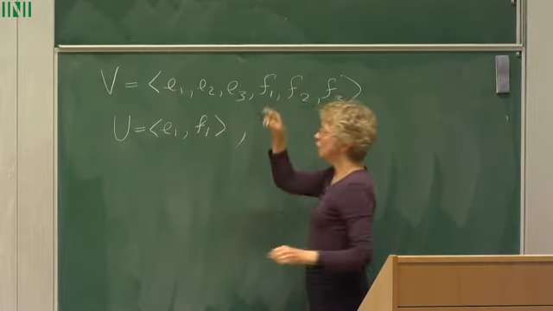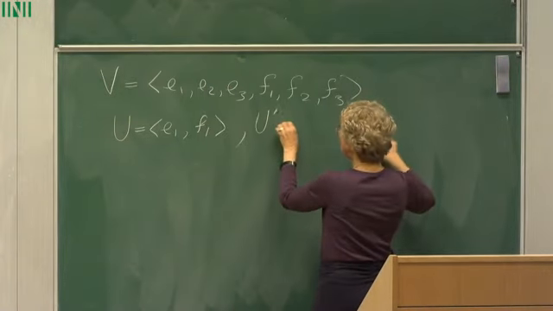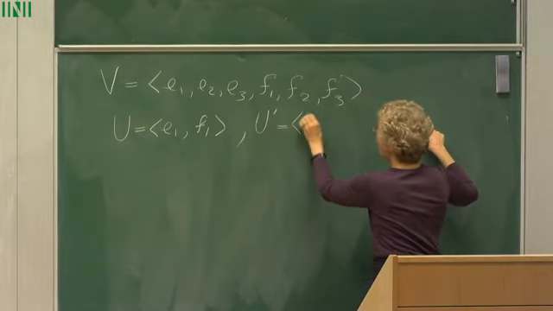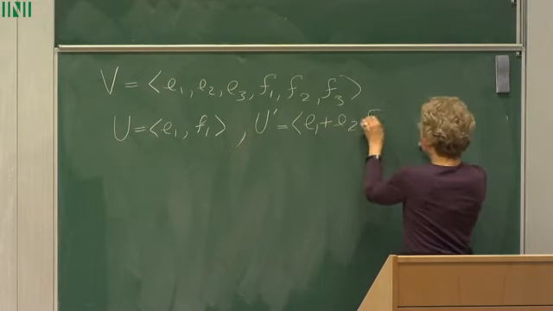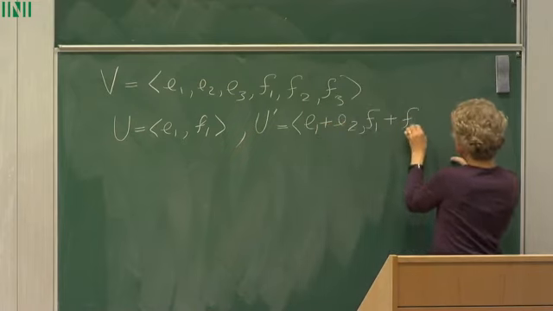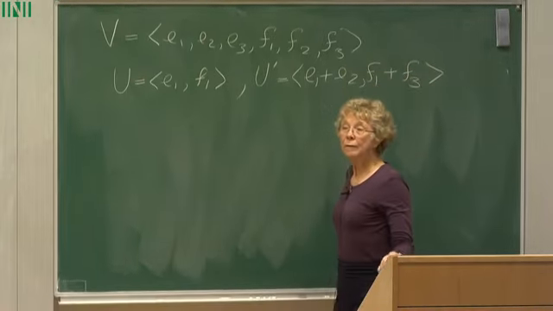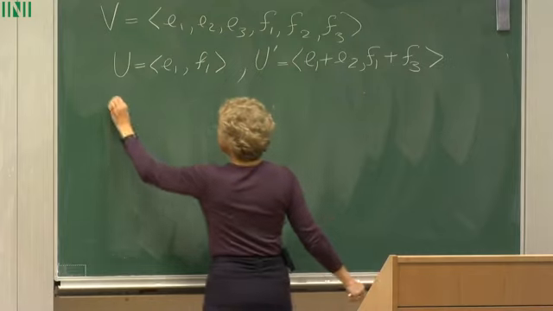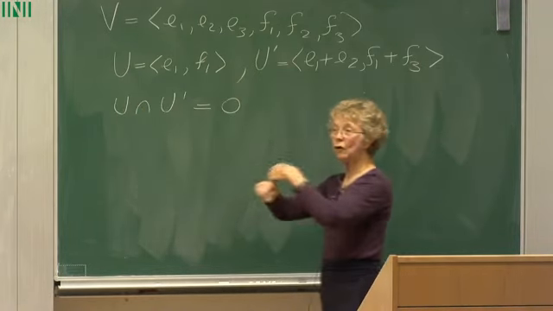And I found a G prime and its U prime non-degenerate, which is generated by e1 + e2, f1 + f3. So that could happen, that's fine. You can see that U intersect U prime is trivial, so they're disjoint from each other.